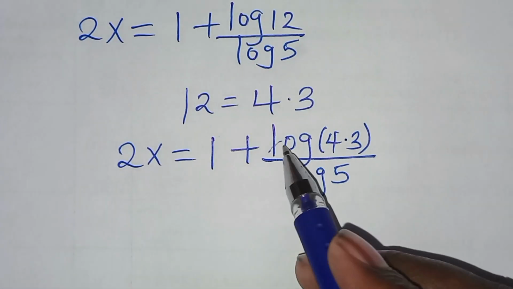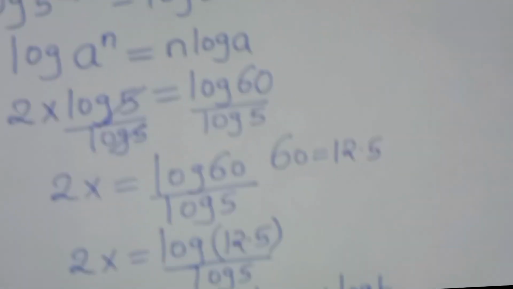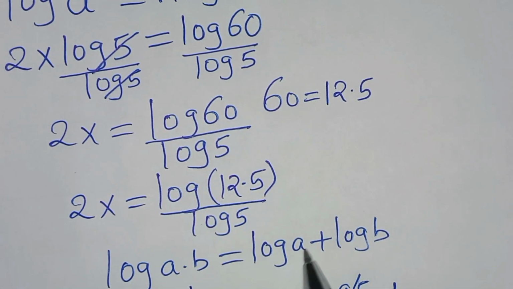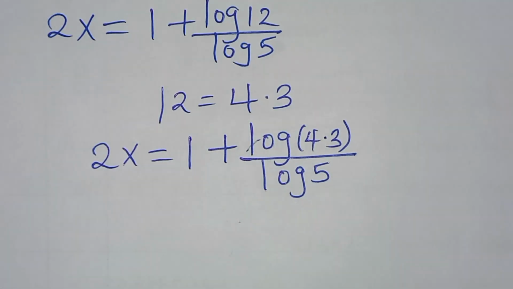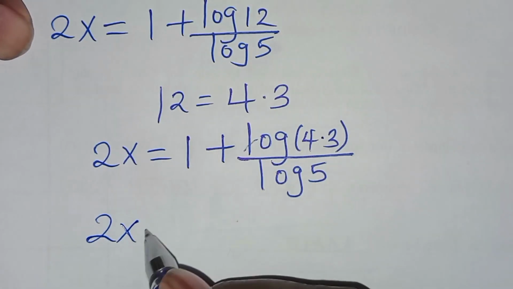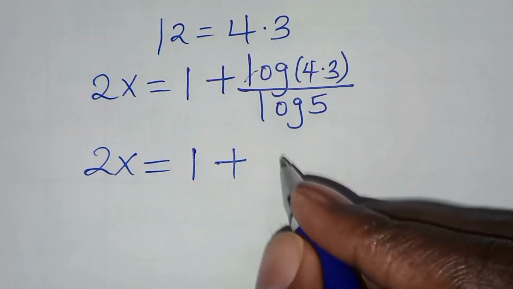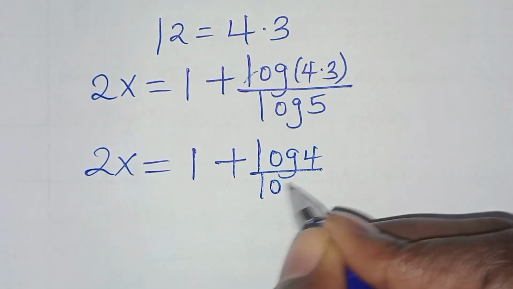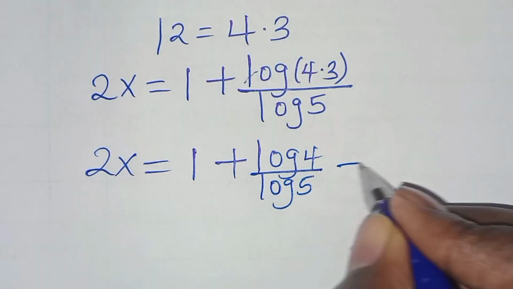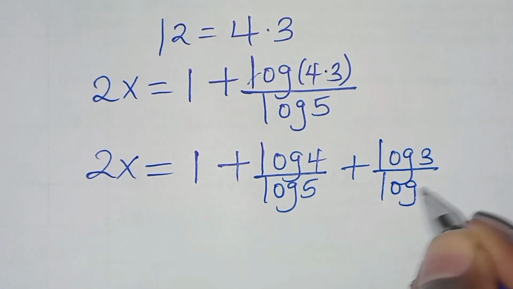Now again here, log 4 times 3 is in the form of log a times b, which you can express as log a plus log b. So 2x is equal to 1 plus log 4 divided by log 5 plus log 3 divided by log 5.